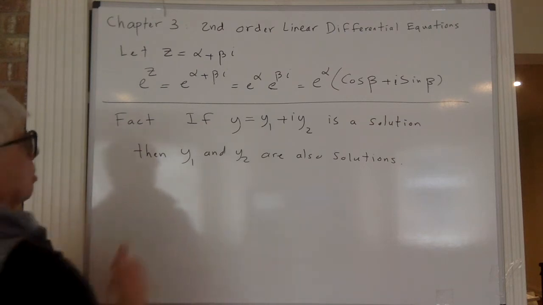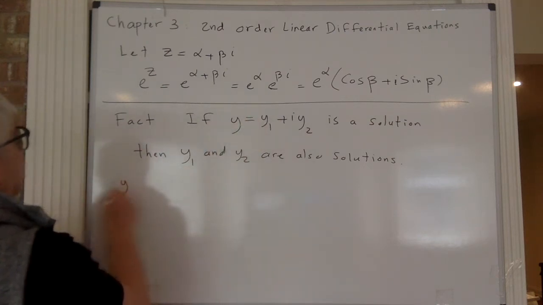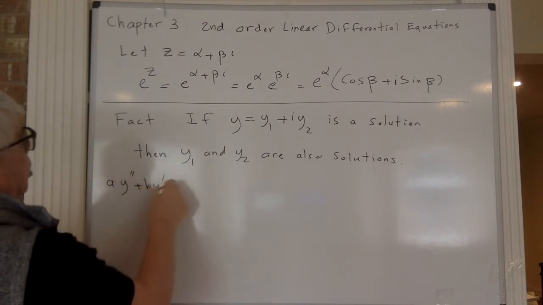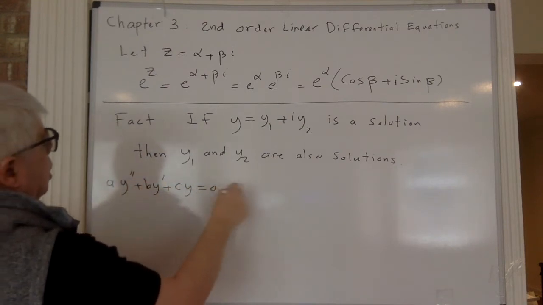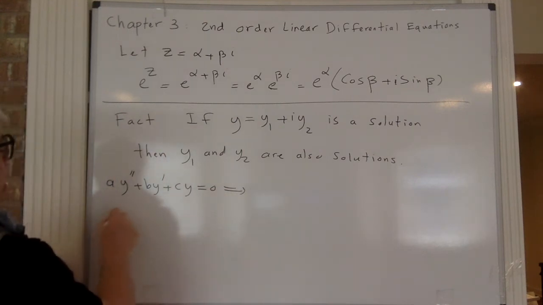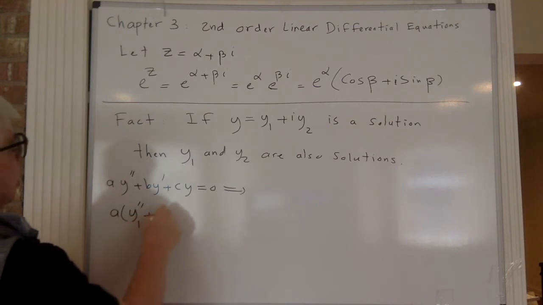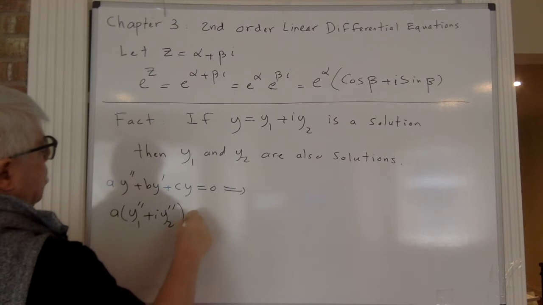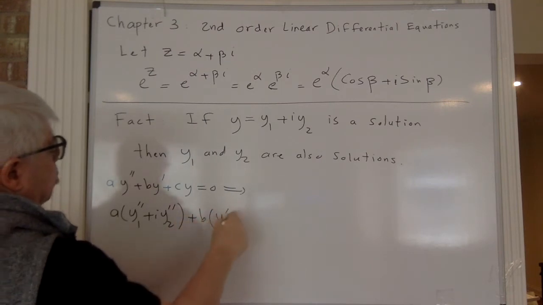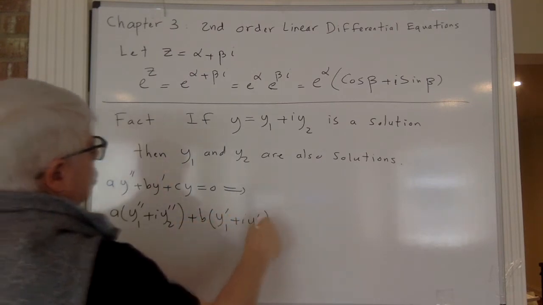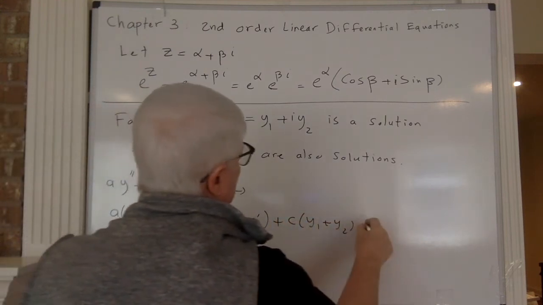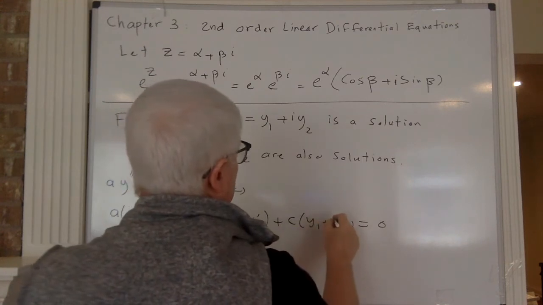So let's see, let's try. I have a y double prime plus b y prime plus c y equals 0. That gives me a y1 double prime plus i y2 double prime plus b times y1 prime plus i y2 prime plus c times y1 plus i y2 equals 0.